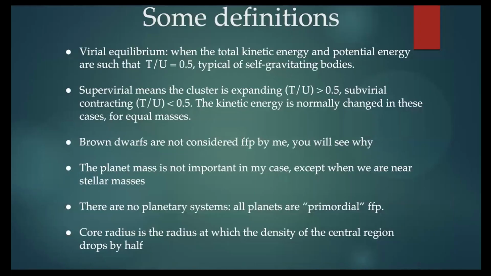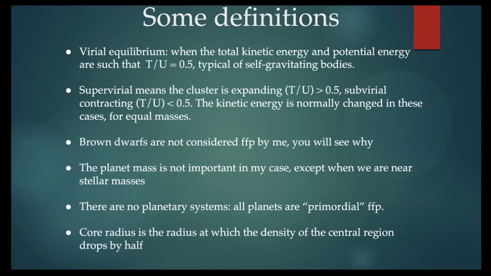In order to answer this, I will first give you some definitions. Maybe some of you already know this, but just to get everyone on the same page. The system is normally in equilibrium, in the sense that for typical self-gravitating bodies the ratio between the kinetic energy and the potential energy is 0.5.